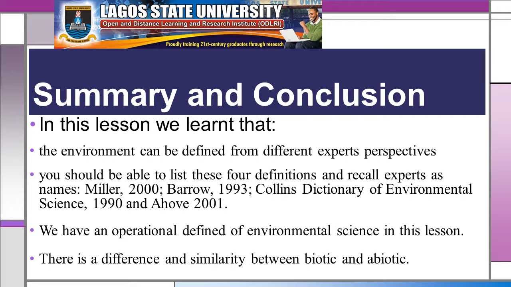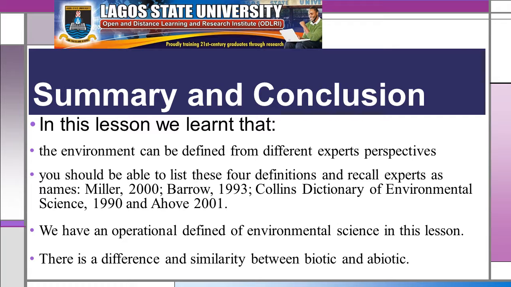We have from Barrow in year 2000, from Miller in year 2000, Barrow in 1993, the Collins Dictionary of Environmental Science that was published in 1990 also gave us a definition, and Ahove also attempted in giving us a definition for the environment. Don't forget 4 experts' definition.